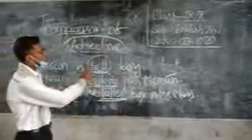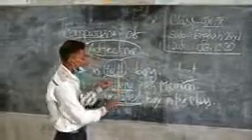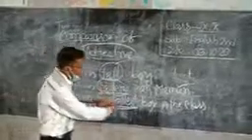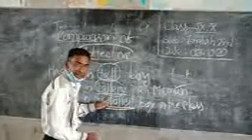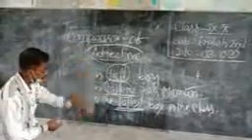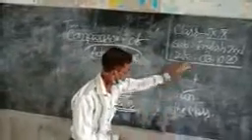The base word is tall. The next one, tall plus er, taller. The last one, tall plus est, tallest. Three types of degree here we get. So we can say that there are three types of degree.